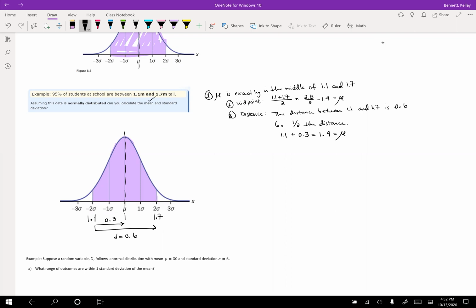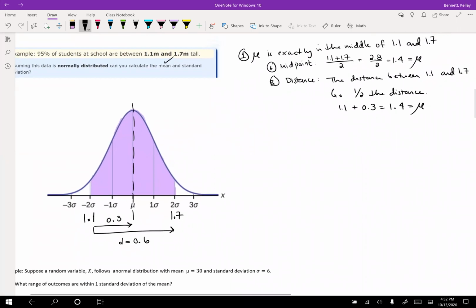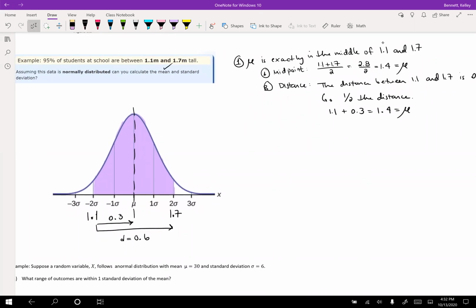Now there's a couple ways we can do this. We can use the 1.7 or we can use the 1.1. How shall we look at this? We should probably write down what the mean is, right? We know the mean is 1.4.